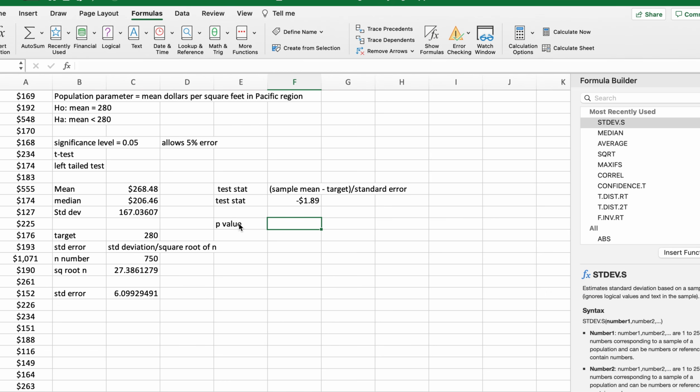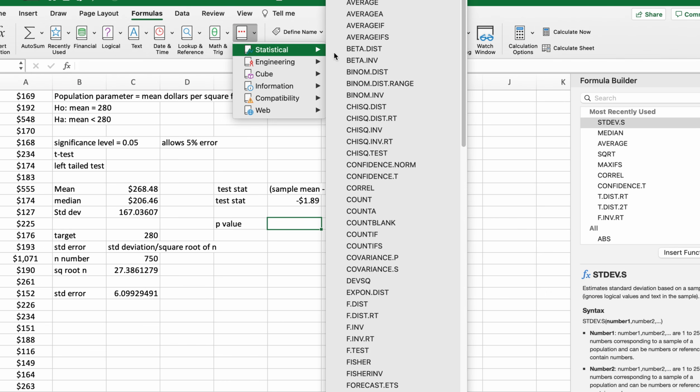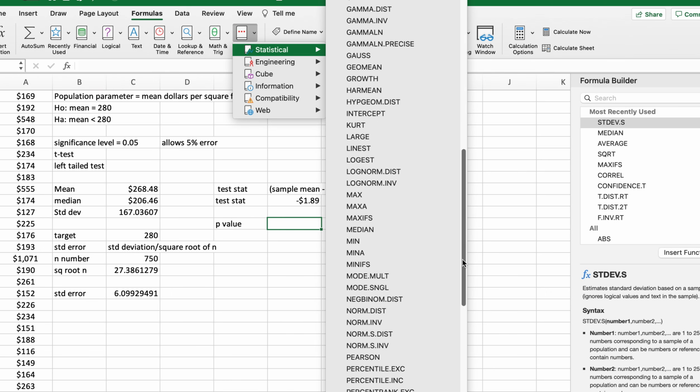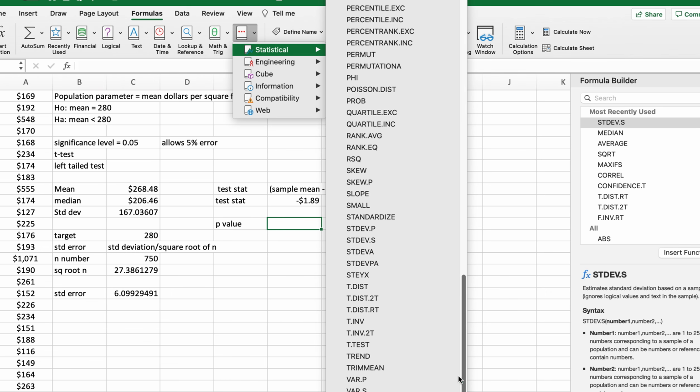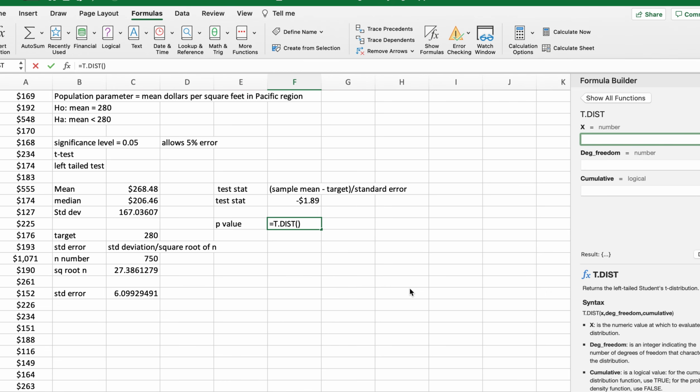Okay, in your instructions, it gives you 3 different options. Okay, left-tailed, we just use t.dist. Here we're going to put our test statistic.